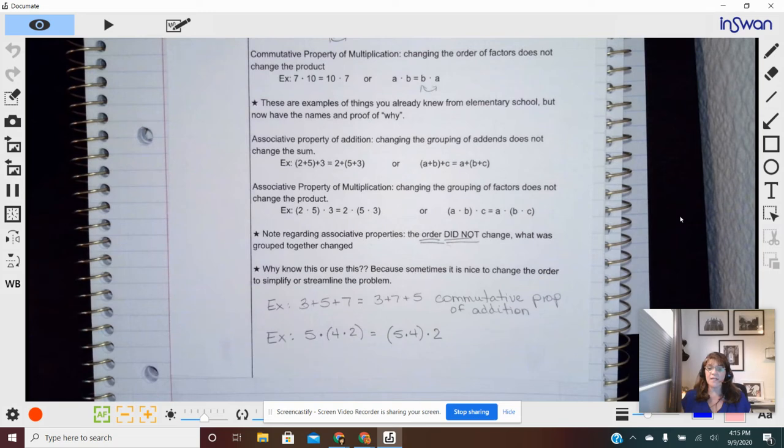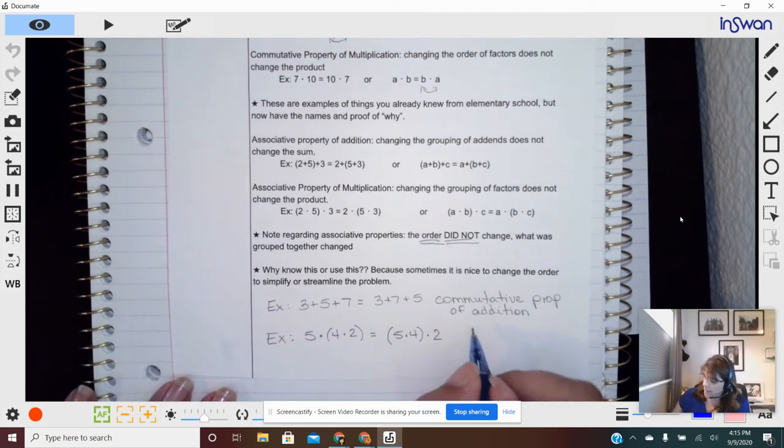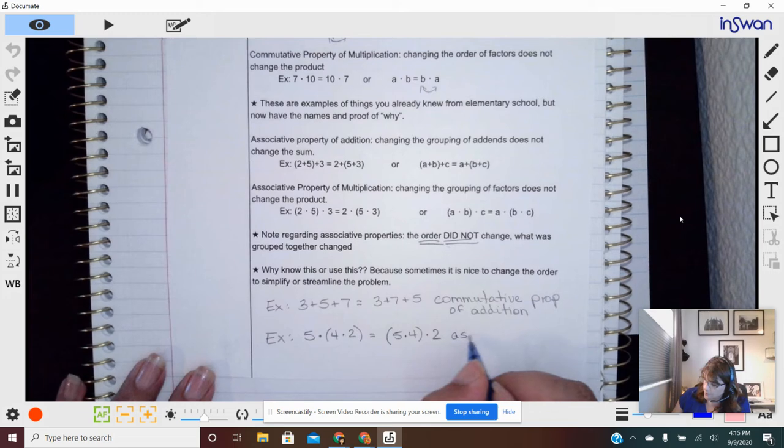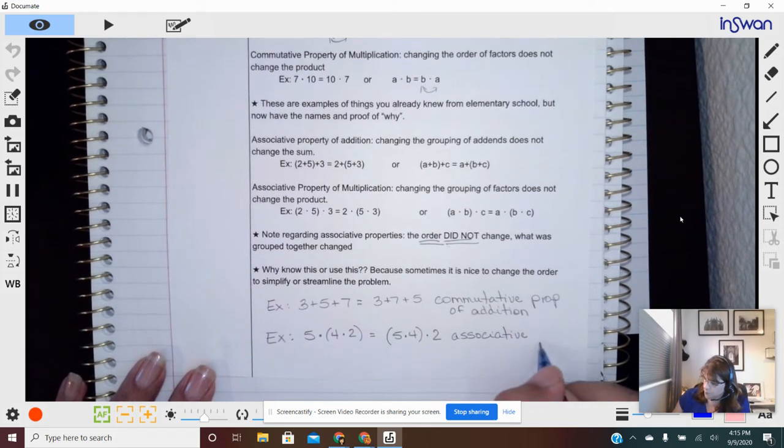Both sides still equal 40. But by changing the grouping, maybe I made it easier to do the math for myself. This would be an example of associative property of multiplication.